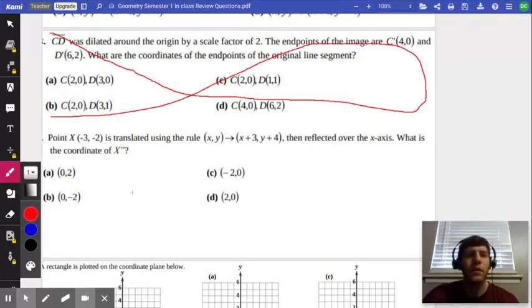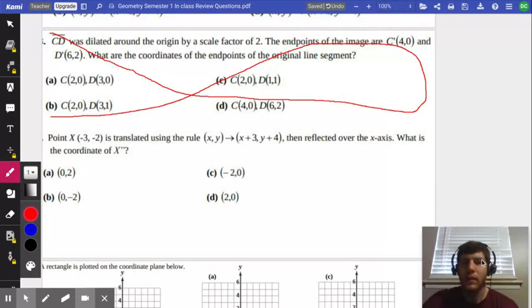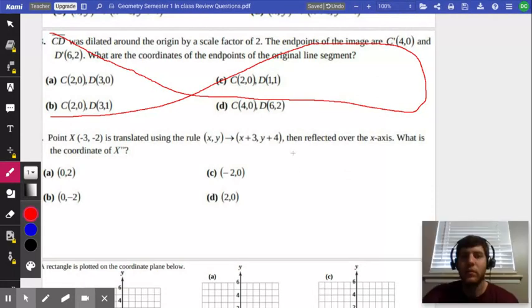Okay. Point X, -3, -2, is translating using the rule xy goes to x plus 3, y plus 4, then reflected over the x-axis. So we want to know the coordinates of x double prime. So let's first find the coordinates of x prime. Okay, so x is the point -3, -2.